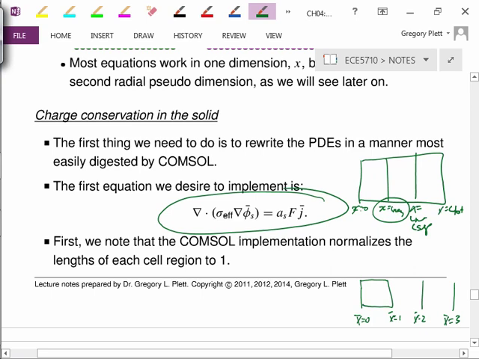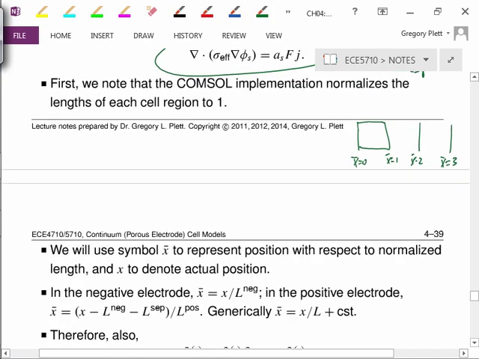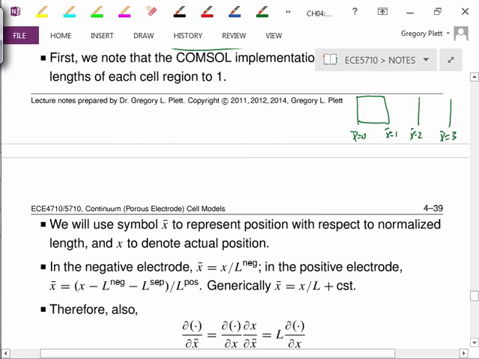So I desire to use this equation, but in fact, that's not really possible, or at least not practical. We're going to use a symbol x bar to represent position in our normalized length system, and x without the bar to denote the actual position.